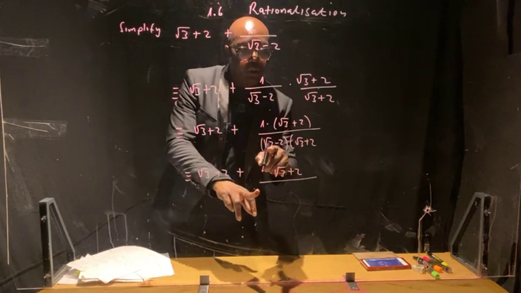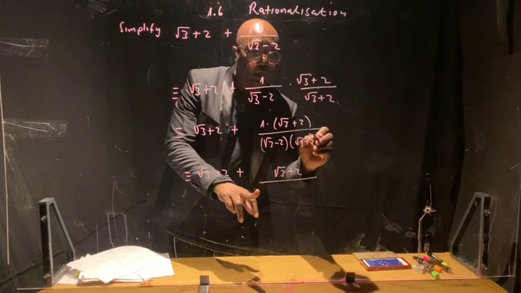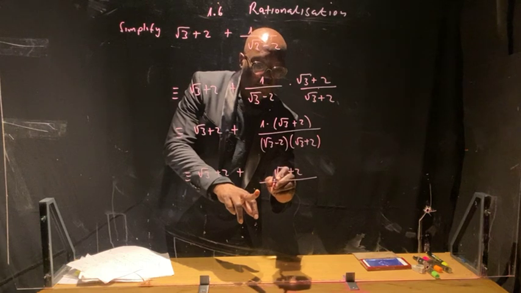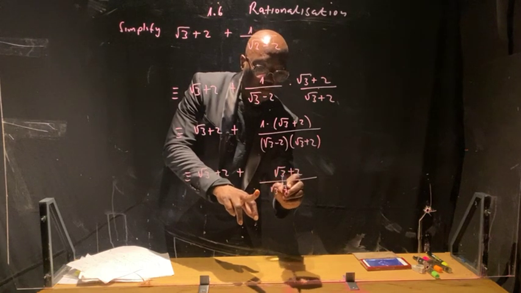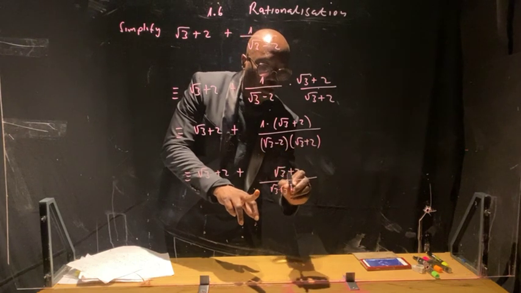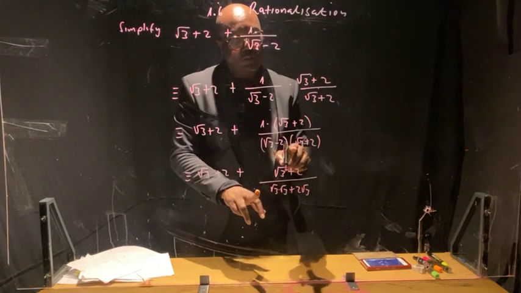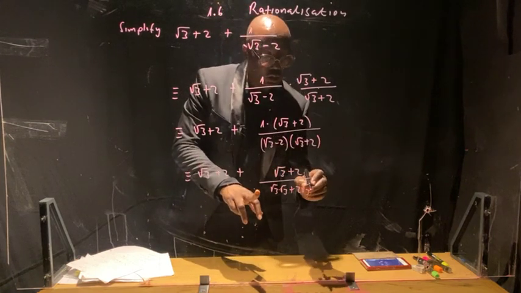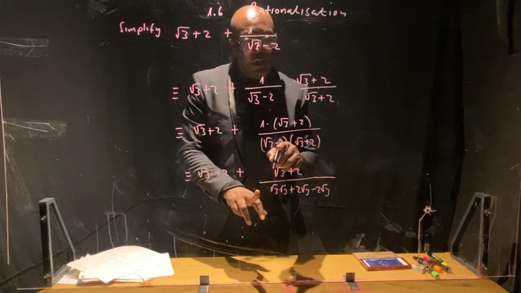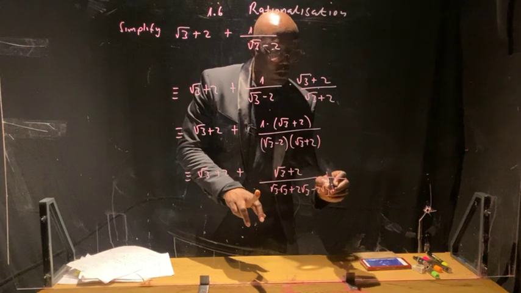then root 3 multiplied by root 3 is equals to 3. Root 3 multiplied by 2 is equals to 2 root 3. Root 3 multiplied by minus 2 is equals to minus 2 root 3. Minus 2 multiplied by 2 is equals to minus 4.